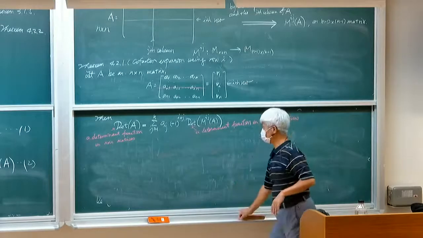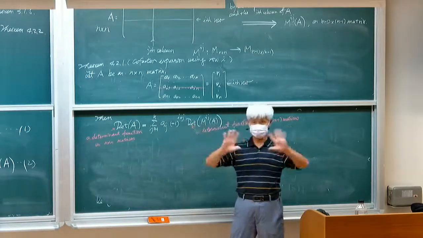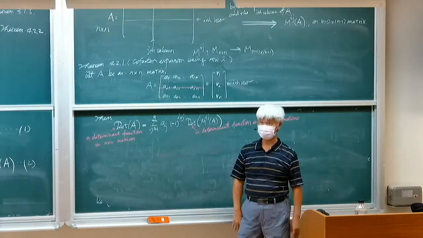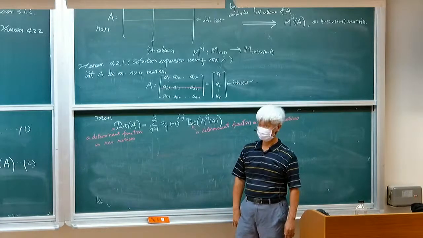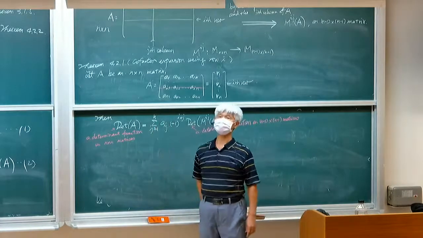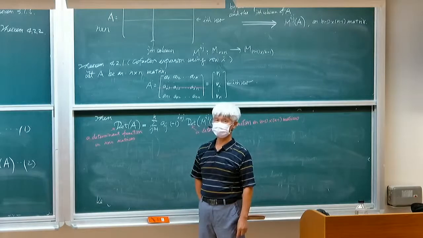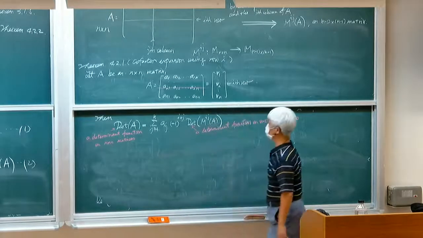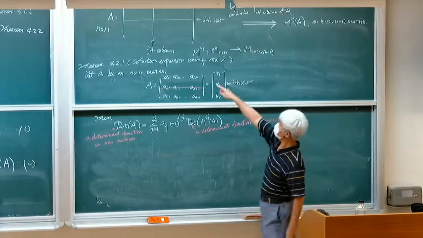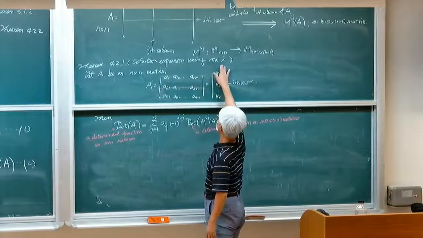Okay. So they are different functions. They are different functions. But we can establish the identity. So it's called expansion using row i.